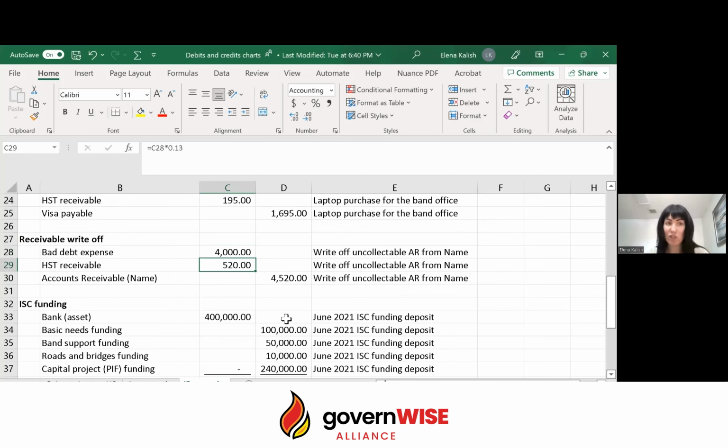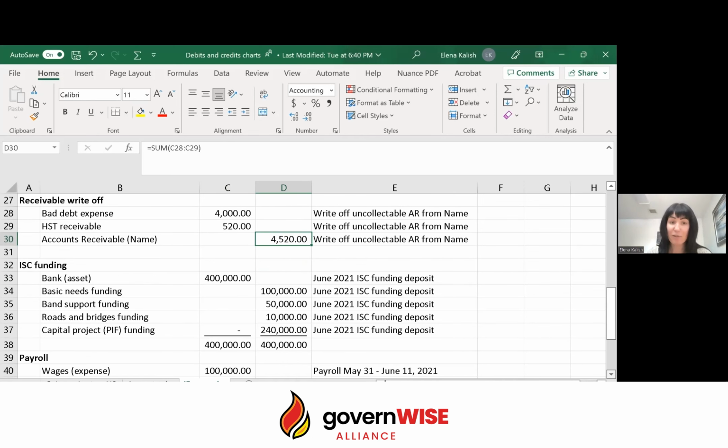So debit HST receivable. And in this case, I'm reducing accounts receivable by that bad account that's never going to get paid. Remember, accounts receivable are an asset, naturally in a debit position. So to reduce accounts receivable, because they're an asset, we have to credit them, right? Natural position is debit, so increasing is always with the natural position. Decreasing is the opposite, so credit accounts receivable.